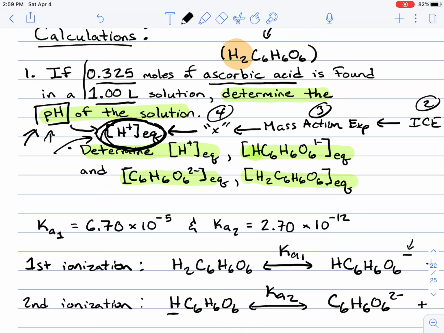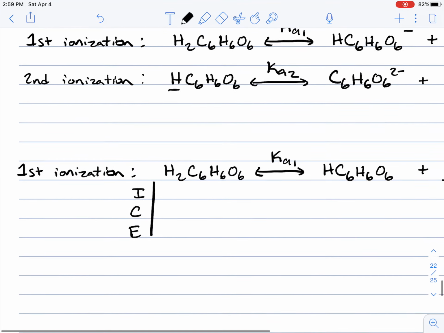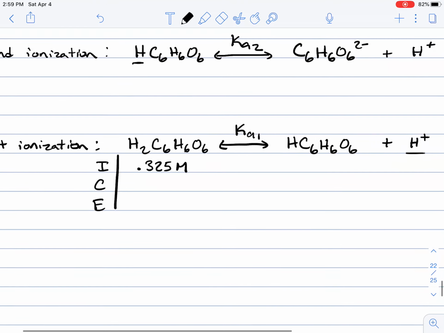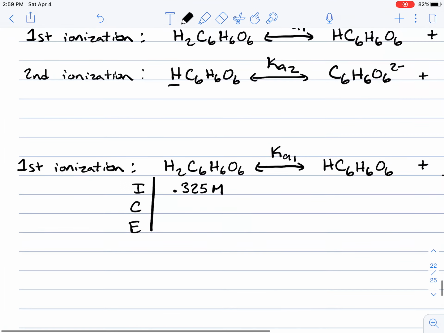If you look at the initial concentrations, here we have 0.325 moles for every 1 liter. And so if you divide those two values, 0.325 divided by 1 liter, that's going to give us a molarity of 0.325. And so we can go ahead and write 0.325 molar for the initial concentration of ascorbic acid.